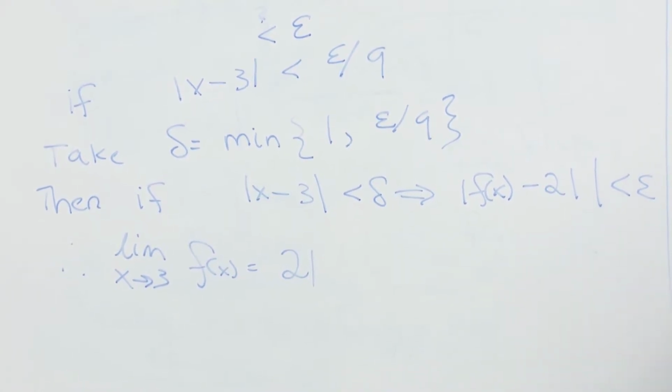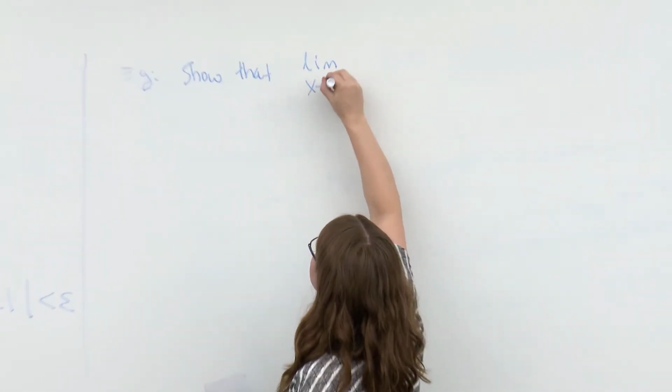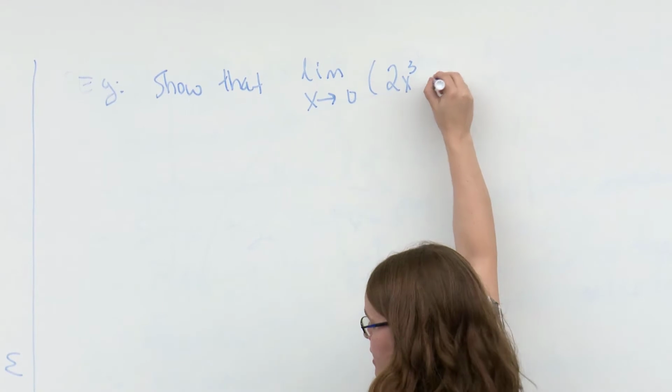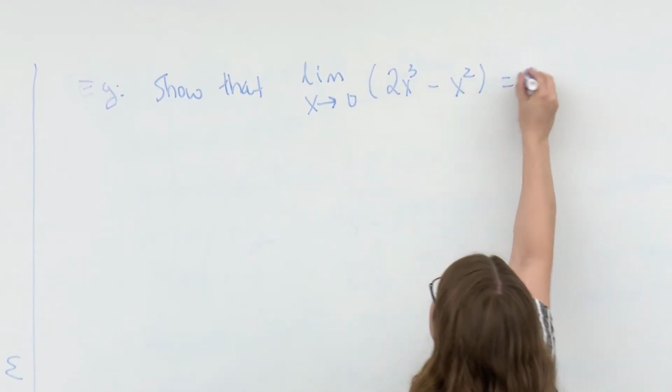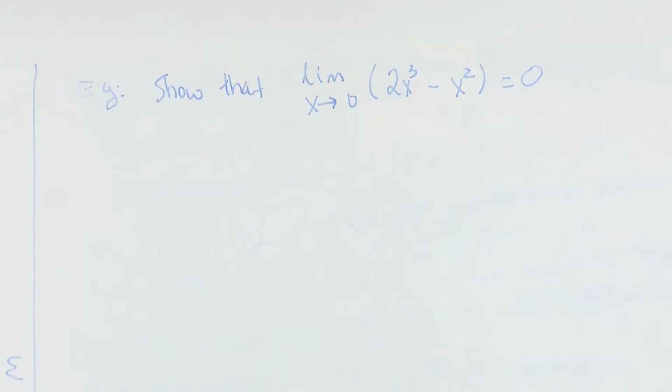OK, let's show that the limit as x approaches 0 of 2x cubed minus x squared is equal to 0. OK, so we start the way we always start.